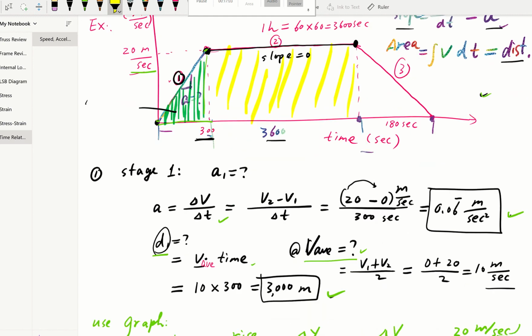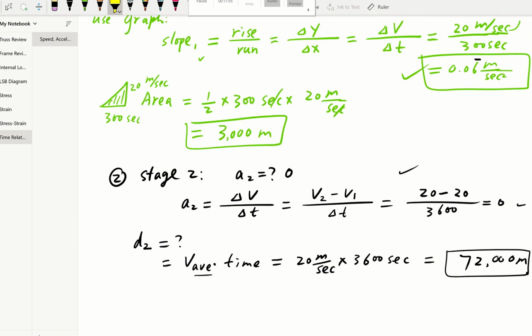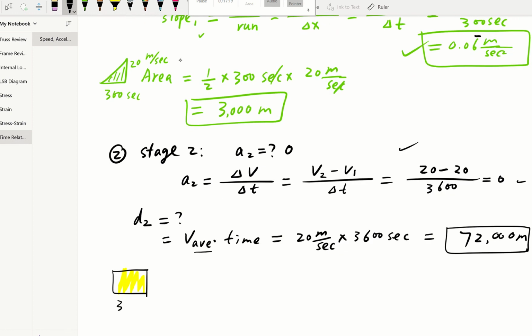The rectangle's area will be length times width, and the length here is 3,600 seconds, and the height here is 20 meters per second. So the area gave us 3,600 times 20. We got the same answer as well.